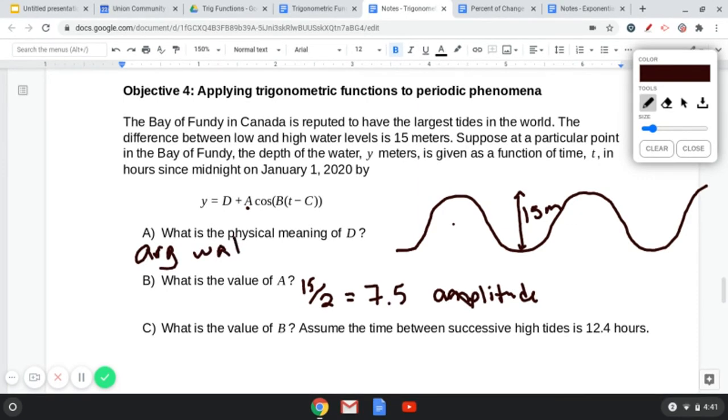For example, if your tide varies from like 3 feet from a certain point all the way up until, well, I guess 15, so 18 feet. The value of d will be how much is shifted up, which will end up being the average water level altogether.